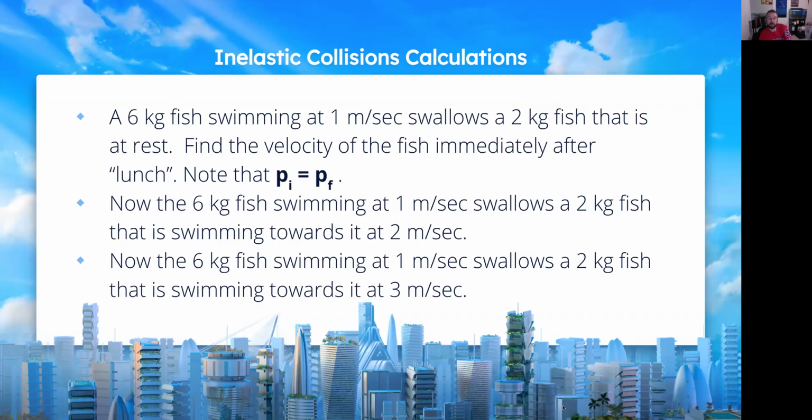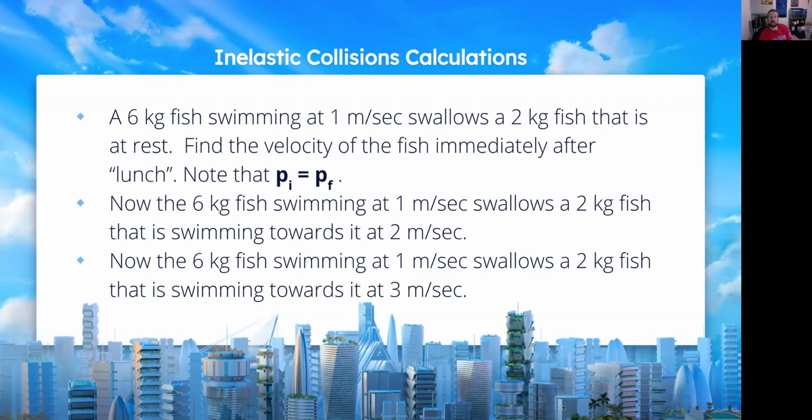So if we divide both sides by 8 kilograms, we get 6 Newton seconds divided by 8 kilograms, which we know is going to be 3/4, or in decimal form, 0.75 seconds. I'm sorry, not seconds. Thank you, thank you. That's a velocity, not a time. That should be meters per second.